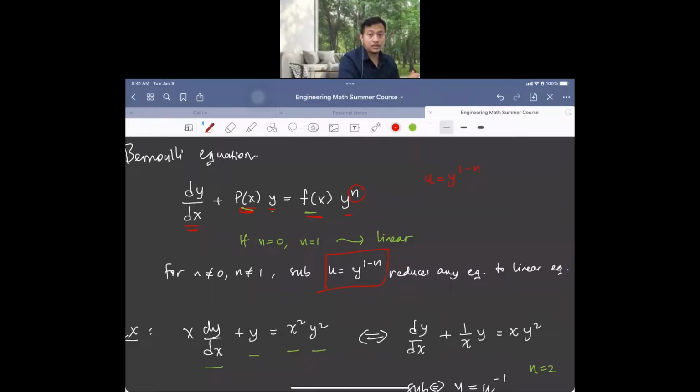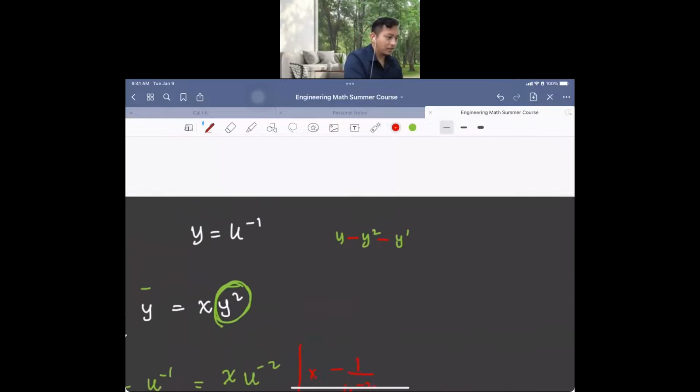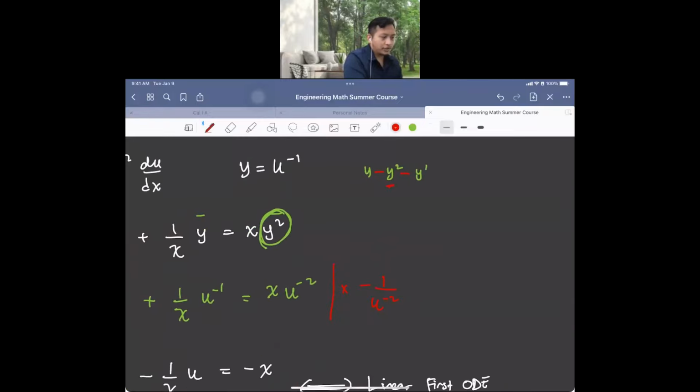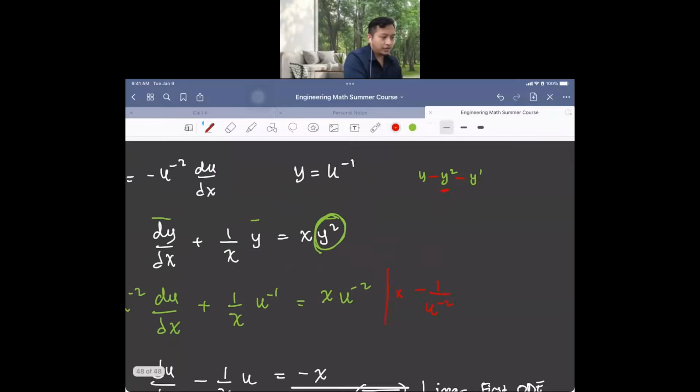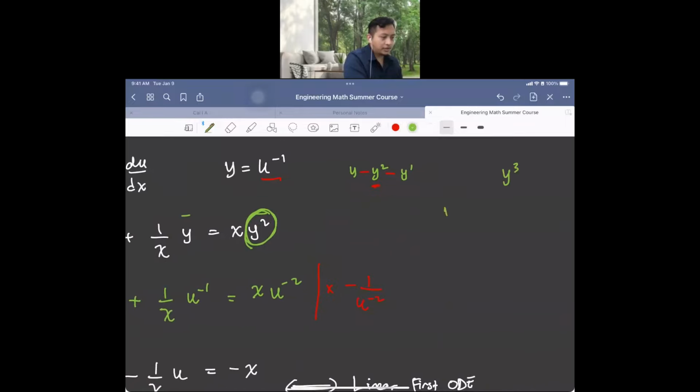Do you know why this substitution will work? Because, as I mentioned before, if we have y squared, then it will work with this u with power of negative 1. If we have y cubed, it will work with negative 2.